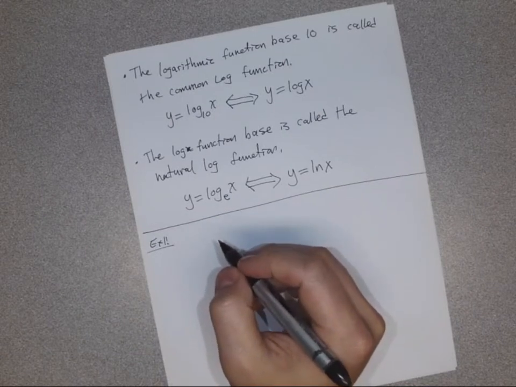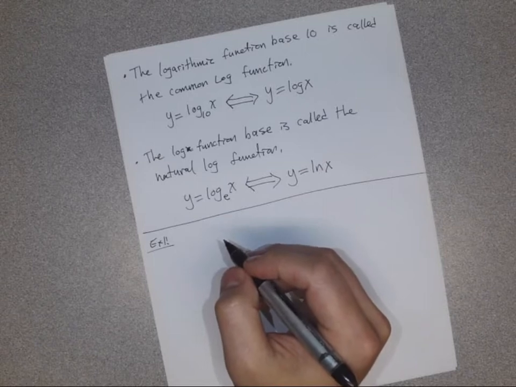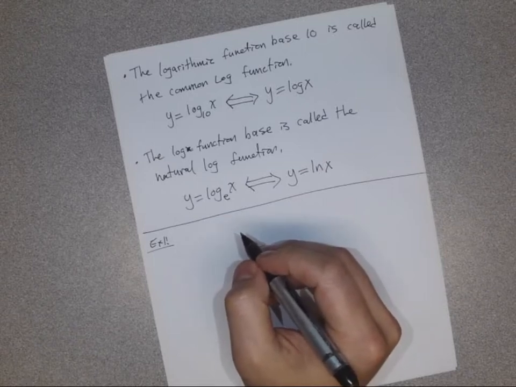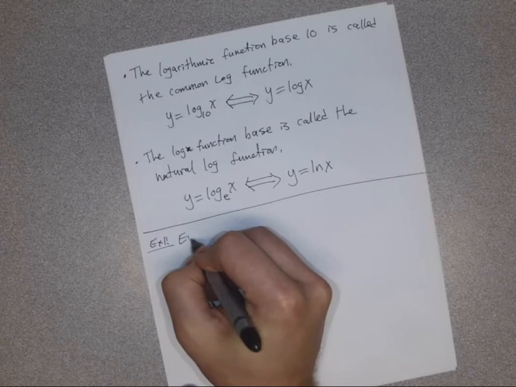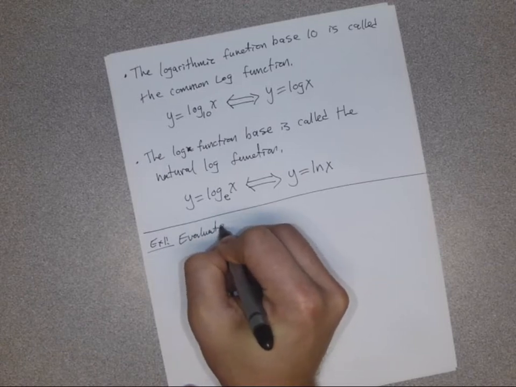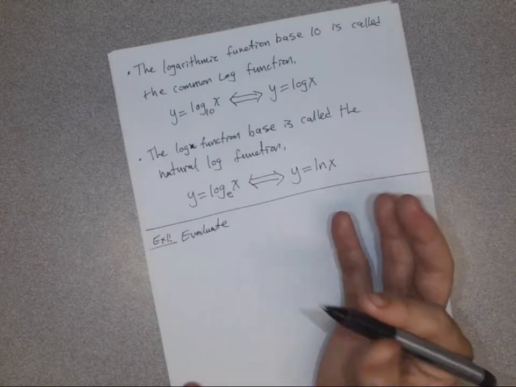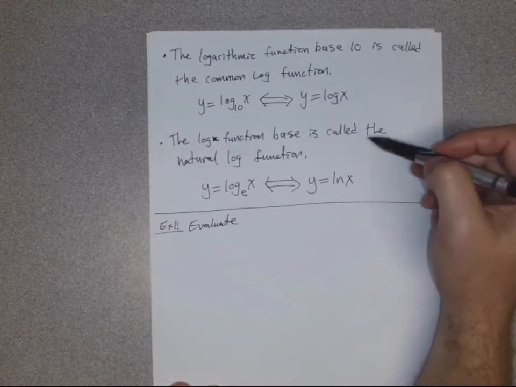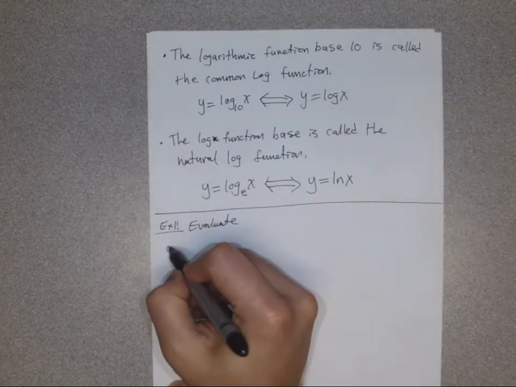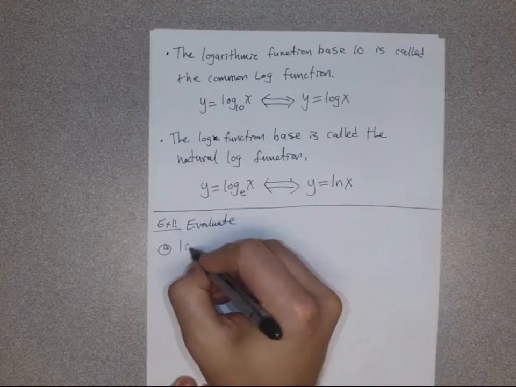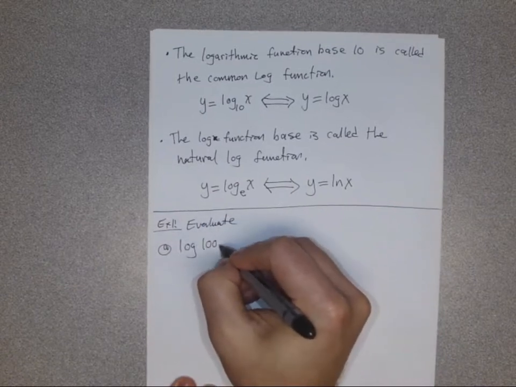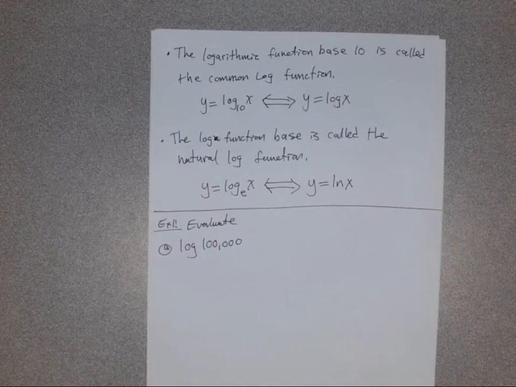So let's look at this. Let's say evaluate, and this time we're actually going to have to solve for something here, but these will be incorporated throughout. So part A, log of 100,000. All right, so this is different than what you've seen before.